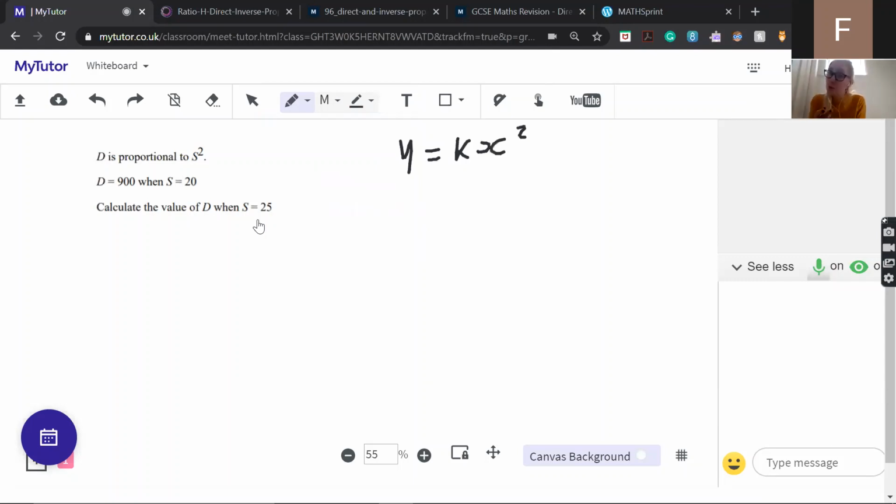Just how before it was y equals kx, now it's y equals kx squared. So we have a relationship that looks like this. And this is important because we'll have to be spotting things on graphs soon, like seeing a graph and saying, what relationship does this say?